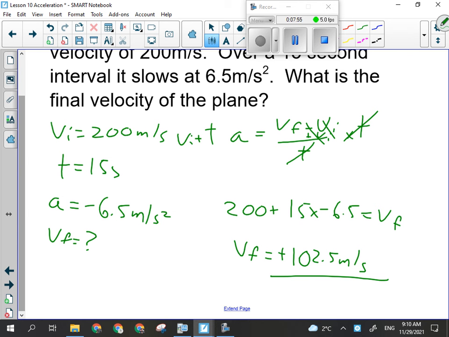Everybody all right with that one? Okay, how are we feeling about the acceleration problems and using the formula? It's kind of what I thought.